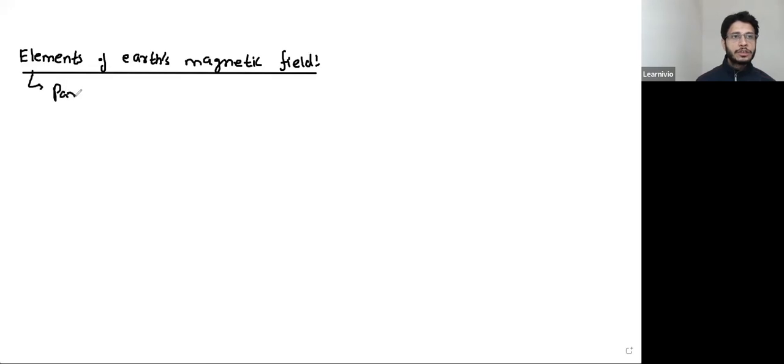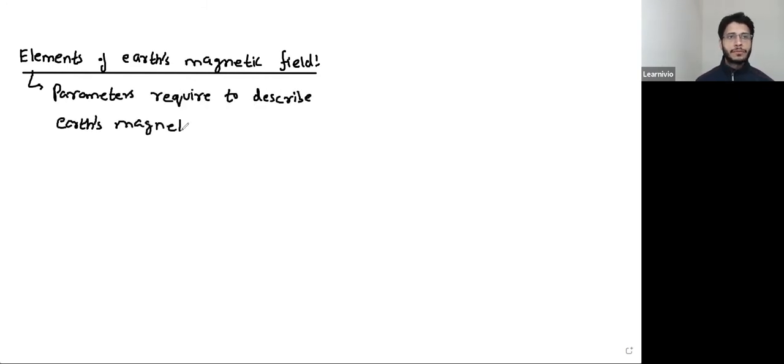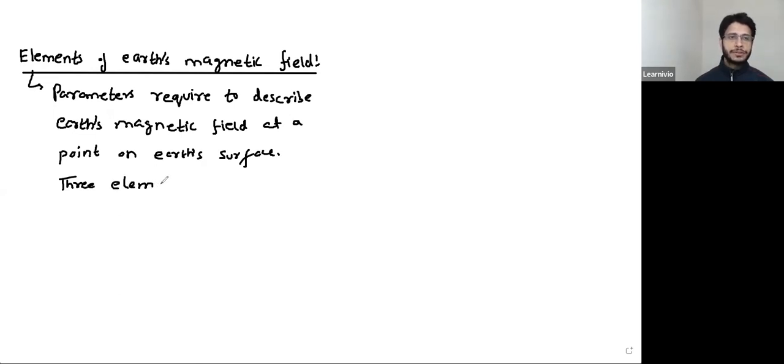So elements of Earth's magnetic field simply means the parameters required. These are three parameters or three elements. If you know these three elements, you know the exact value of Earth's magnetic field.